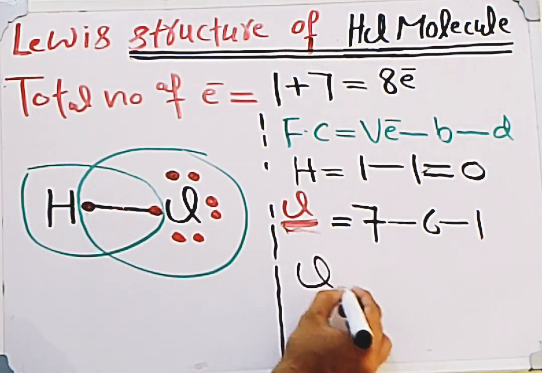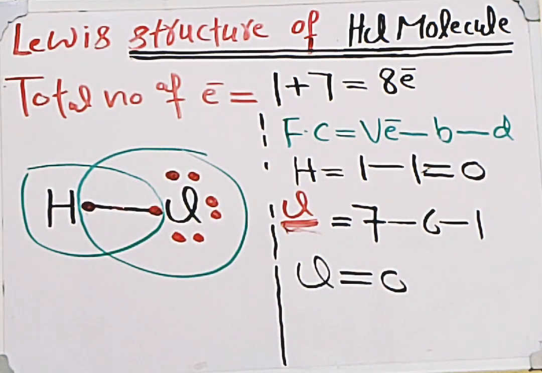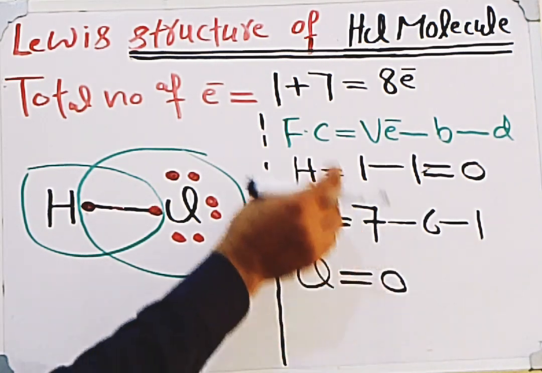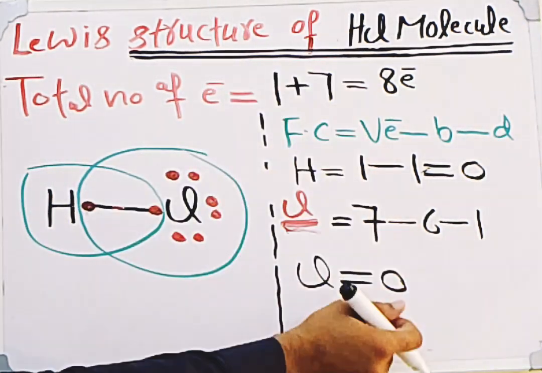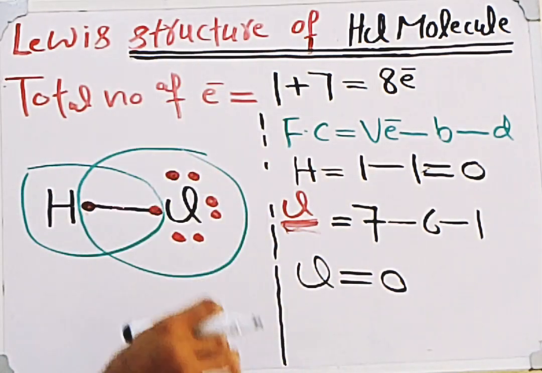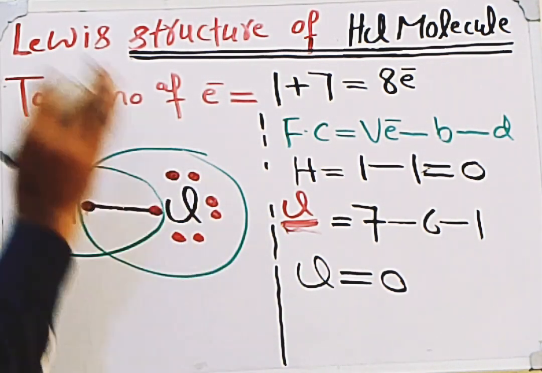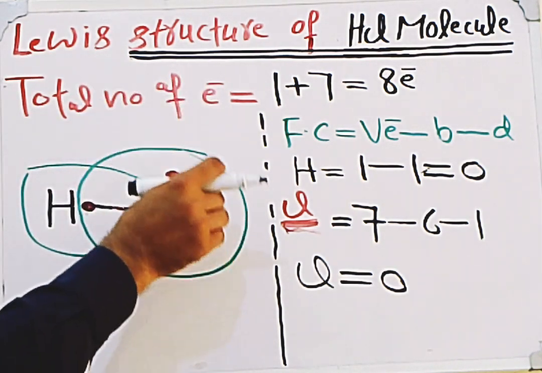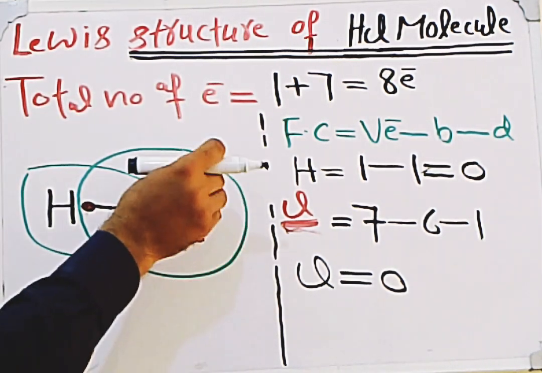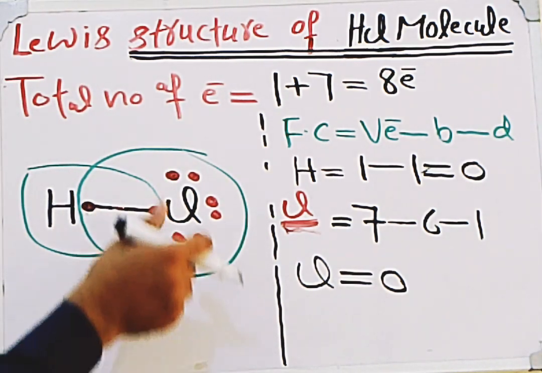Hence, the formal charge on the chlorine atom is also equal to 0. The formal charge on both hydrogen and chlorine atoms is equal to 0. That's why the HCl molecule is considered a neutral molecule. And students, this Lewis structure is the best Lewis structure for the HCl molecule. Okay, dear students, wish you all the best.